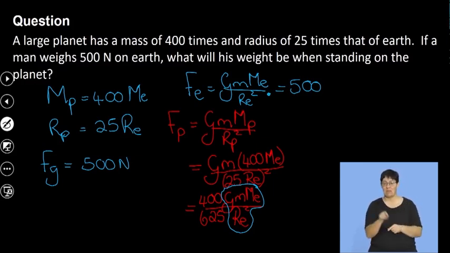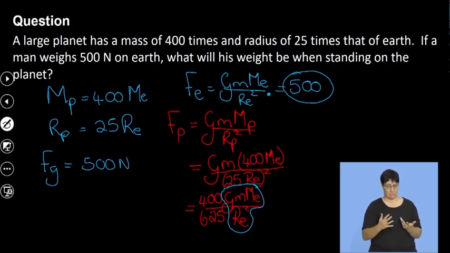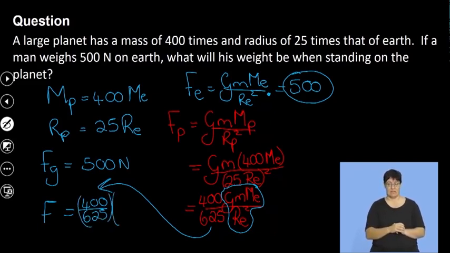So that means that little part that I've circled in blue is equal to 500. How does this help us? Well, it means that I can now go, let's do it over here. My F is now going to be 400 divided by 625, because that's the first part, times 500.